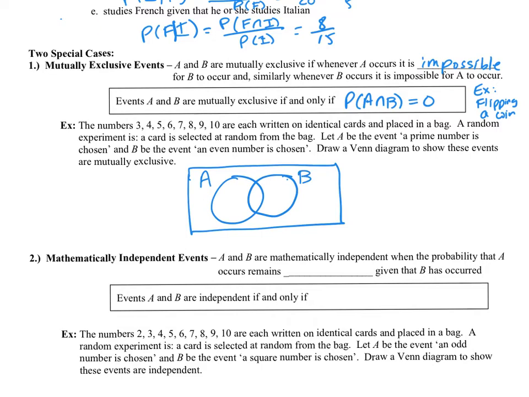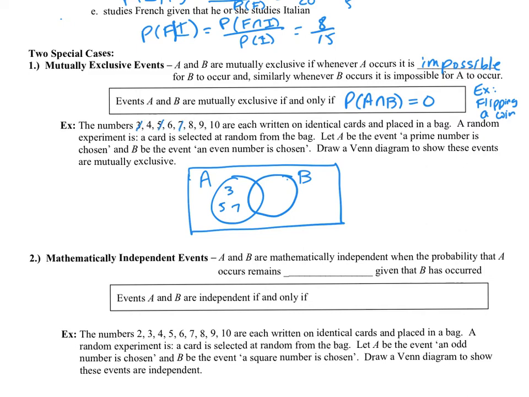Okay, so let's start placing all the numbers in one or the other. Remember, A was prime and B is even. So 3 is prime, 5 is prime, 7 is prime. So let's put those in there, 3 and 5 and 7. Any other prime numbers? I think that's it. Okay, so let's just mark out what we've used, 3, 5, and 7.